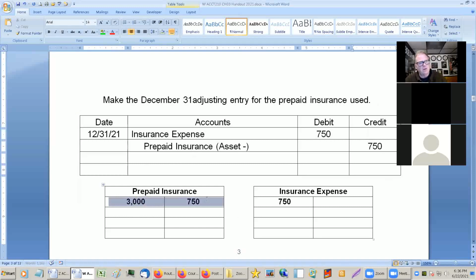So the total down here would be 2,250. I think that's what it comes out to. So this would go into the next year.